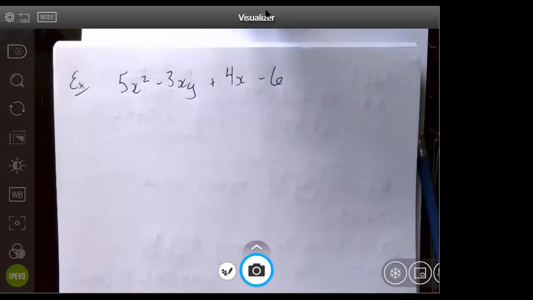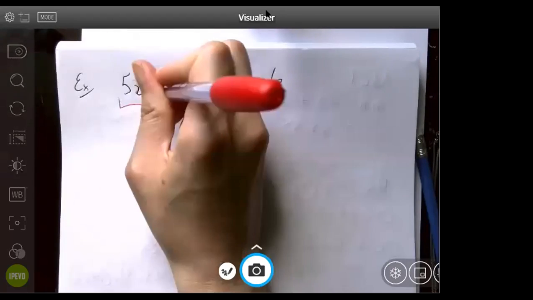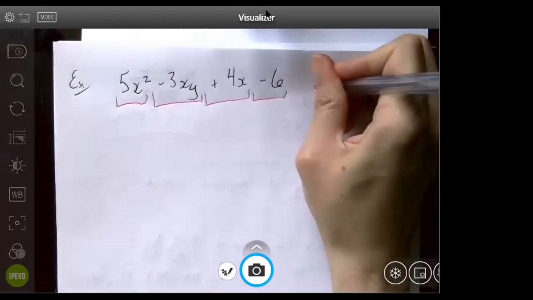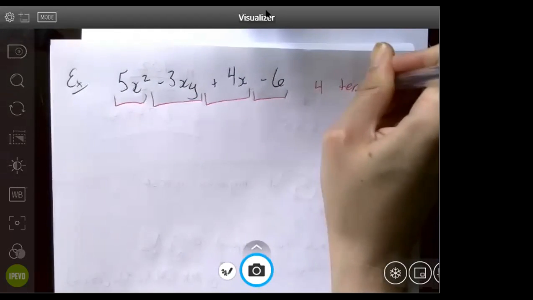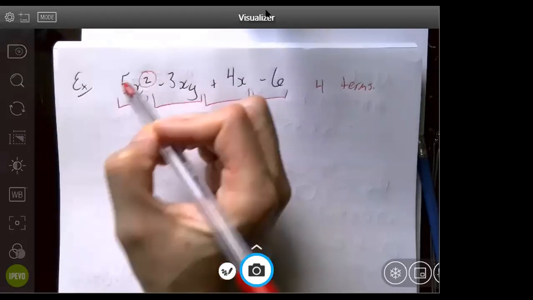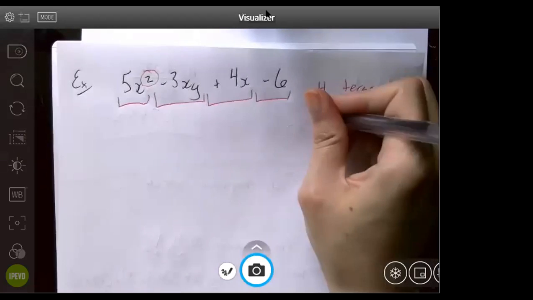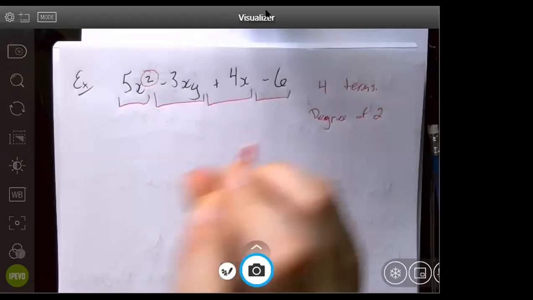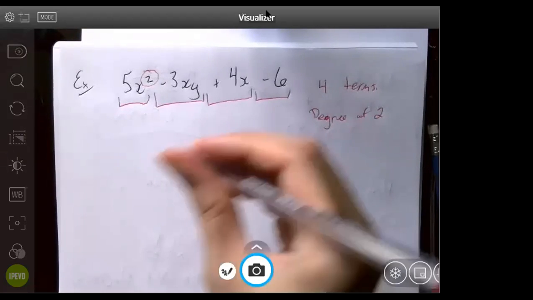So if we were to look at this, we have 1, 2, 3, 4 terms. The degree of the entire polynomial would be 2, since that is our highest degree. So that is the degree of the whole polynomial.